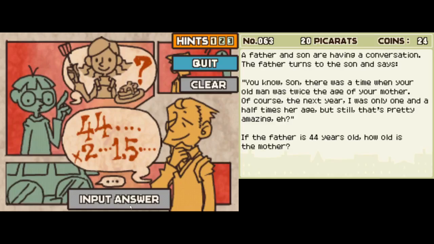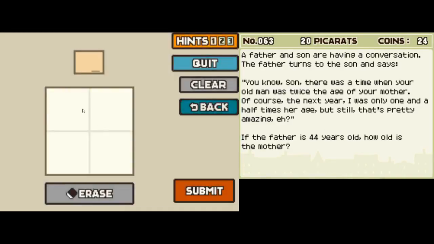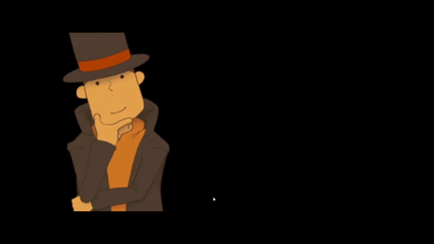But the answer is, let's see if I can do this correctly. There we go. 43, because trying to write a 4 with the mouse makes things difficult. That should do it. So the answer is 43.